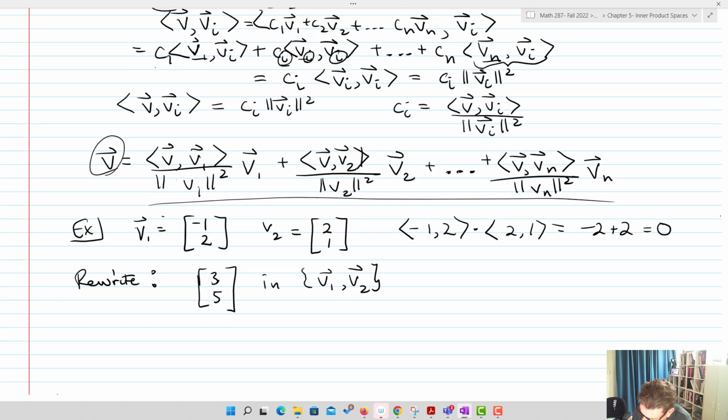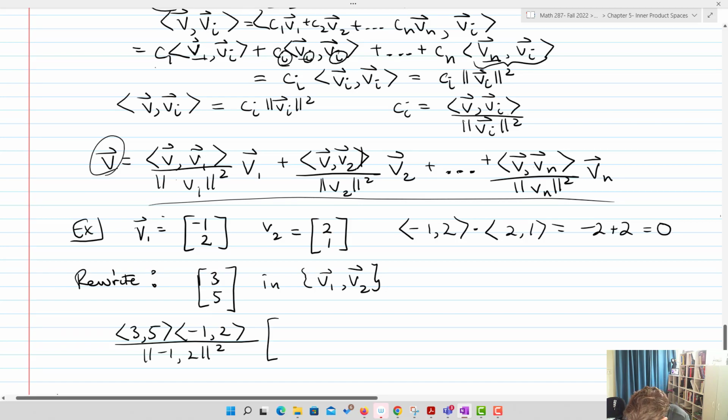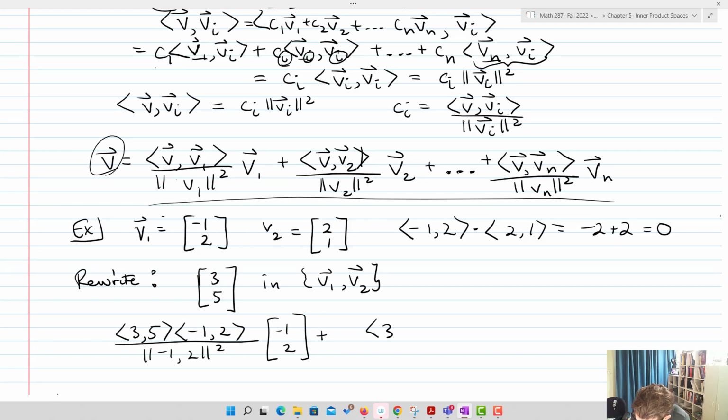So what I'll do is take (3, 5) dotted with (-1, 2) divided by the magnitude of (-1, 2) squared, and then multiply that by (-1, 2). And then plus, we're going to take (3, 5) dotted with (2, 1) divided by the magnitude of (2, 1) squared, times, in this case, (2, 1).